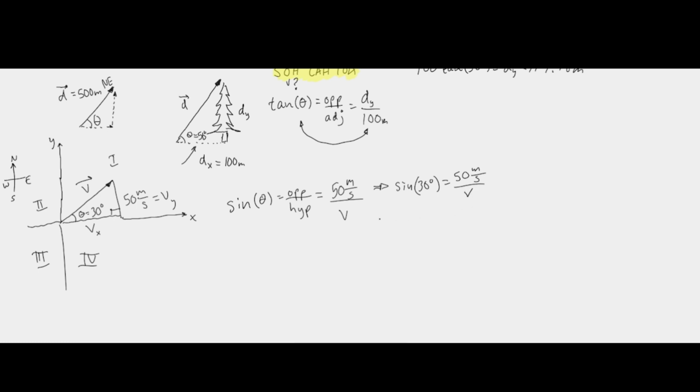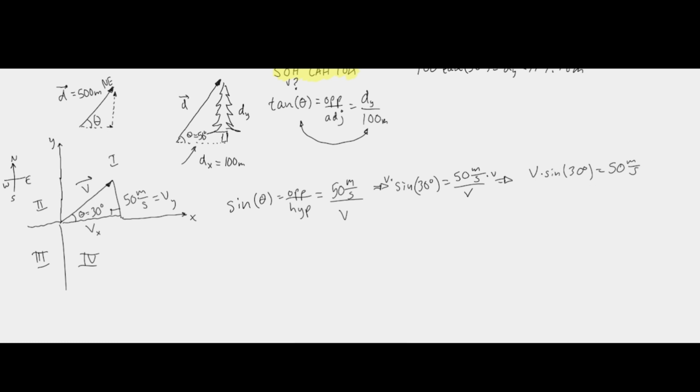Okay? And now I'm just going to rearrange this and multiply both sides by the magnitude of v. So the equation becomes v sine of 30 degrees equals 50 meters per second.